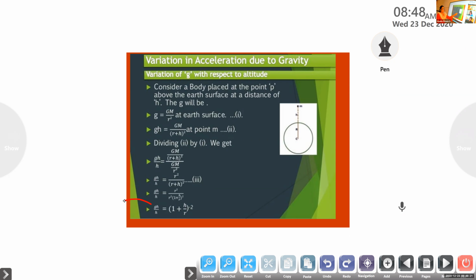So you can just draw this picture alone. Writing I will tell you, don't write. Altitude means height. You can write height in brackets.